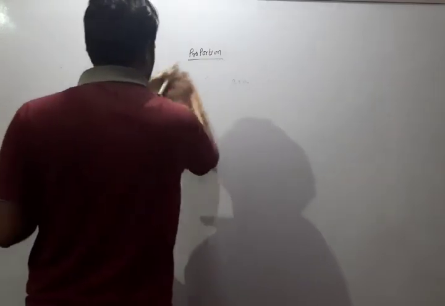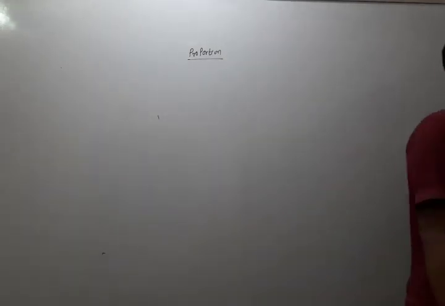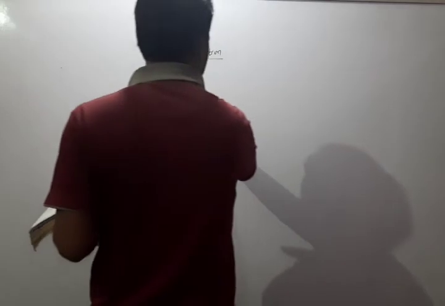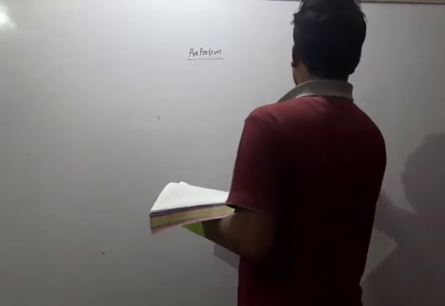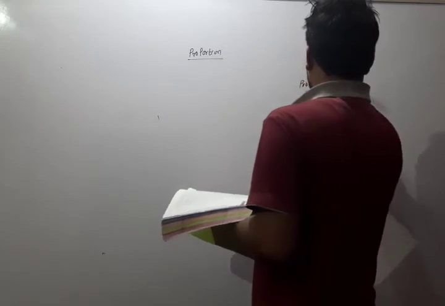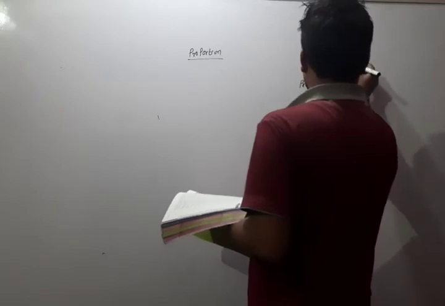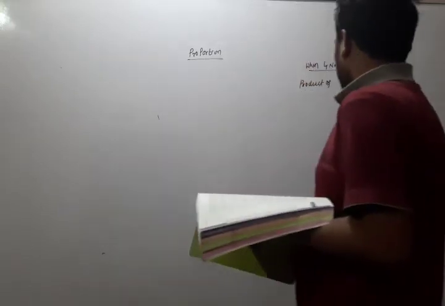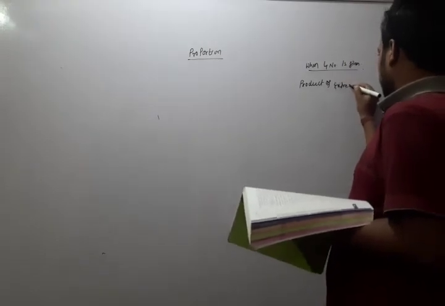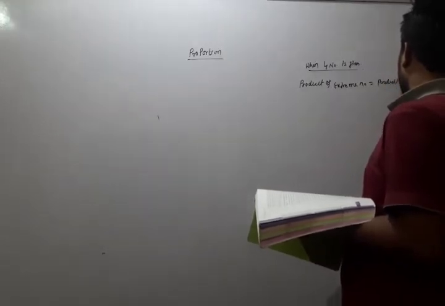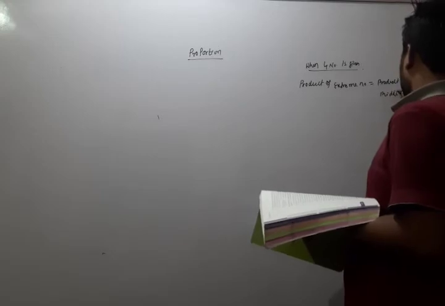We are given 4 numbers, so we will consider A, B, C, D, and we have to check A multiplied by D equals B multiplied by C. Means for checking proportion you must remember: when 4 numbers are given, product of extreme numbers equals product of middle numbers.